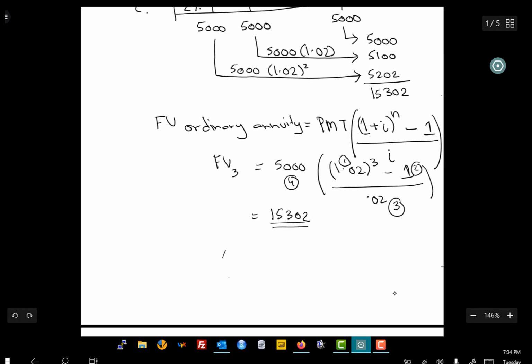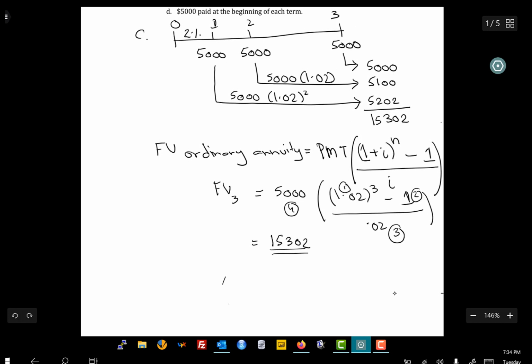And then for the second part, when you're solving for D, which is the future value of an annuity due, you don't have to solve for all of this again. Now we have 0, 1, 2, 3, with 5,000 paid at the beginning of each term, at 2%.